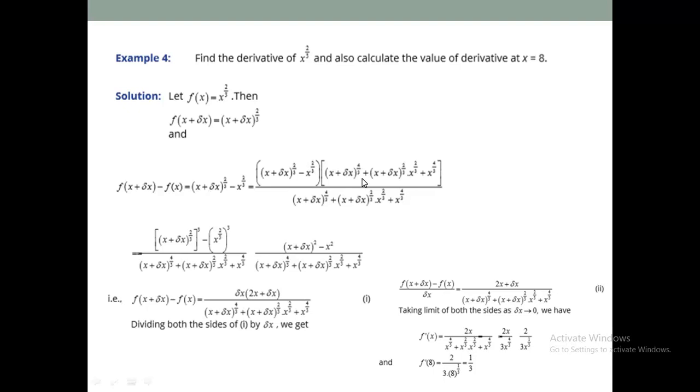Now here we multiply and divide by this value. I think this is a difficult method given in the book. We will solve this question by a simple way, which we will do in the exercise.